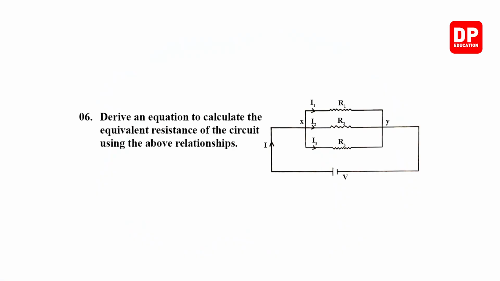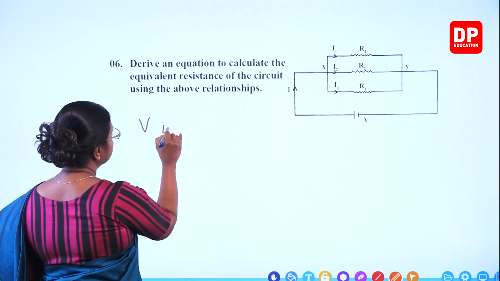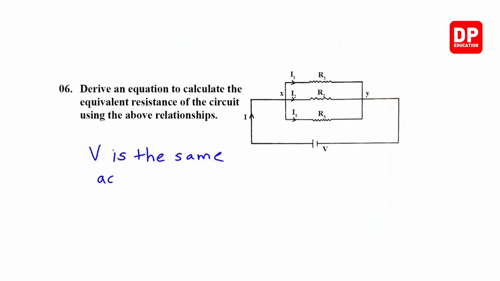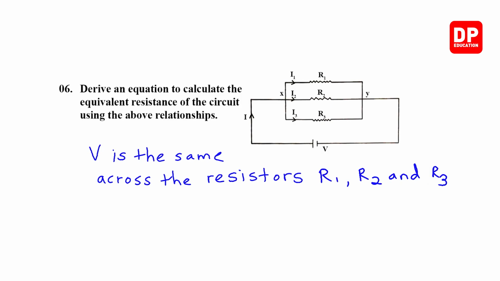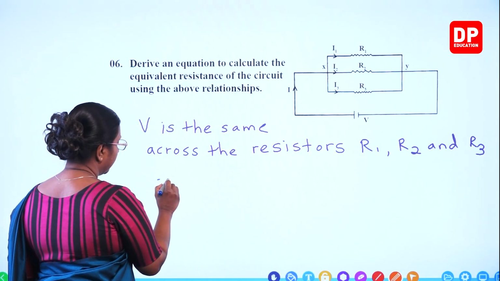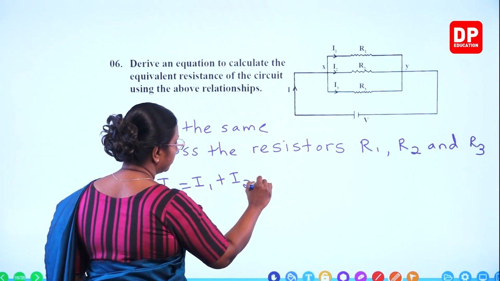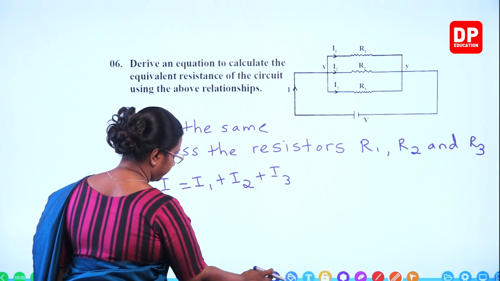Derive an equation to calculate the equivalent resistance of the circuit using the above relationship. So, here V is the same across the resistors R1, R2 and R3. Then I is the total current, that is equal to I1 plus I2 plus I3.